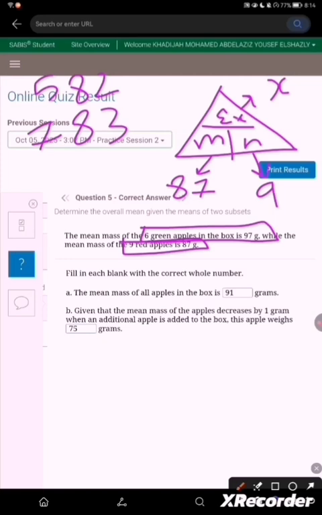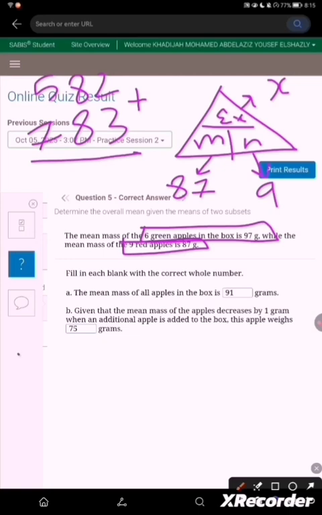Now that we found the total mass of the red apples and the total mass of the green apples, we can find the mean mass of all the apples added together by adding these two numbers and then dividing the final answer by 15, because the 6 green apples and the 9 red apples make a total of 15 apples.